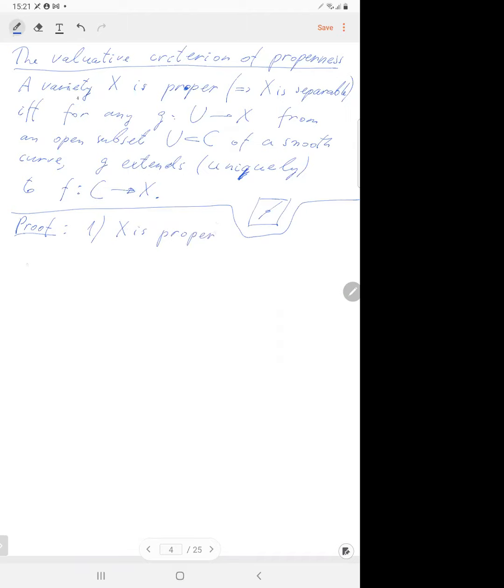And let's consider gamma, the closure of the graph of G. So the graph of G lies in U times X. Okay, and then the closure is taken in C times X. Then it is a closed one-dimensional subvariety of C times X, and since X was assumed to be separable and C is also separable, and C times X is separable, then any closed subvariety is also separable.